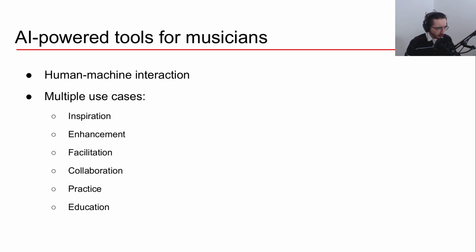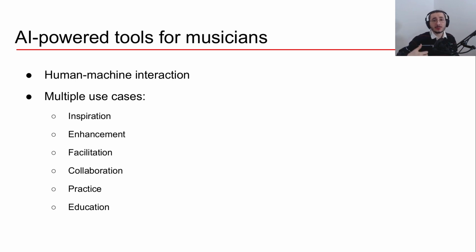So here we are in the realm of human-machine interaction, if you will, because you have a human composer, a human musician, and a machine or intelligent AI music system, and the two should collaborate together. And here we have a bunch of different use cases. So these tools can be used for inspiration, so getting inspired by AI music composers, for example.